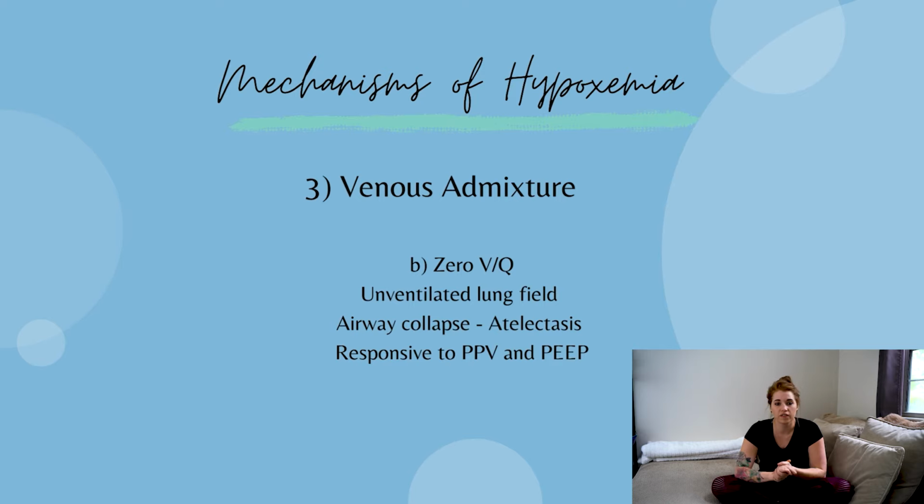Causes of 0 ventilation perfusion are airway collapse, such as is seen in atelectasis. This type of hypoxemia is not responsive to just oxygen support, but is responsive to positive pressure ventilation and the administration of PEEP, which is positive end expiratory pressure, which we're going to go over in another video as well.